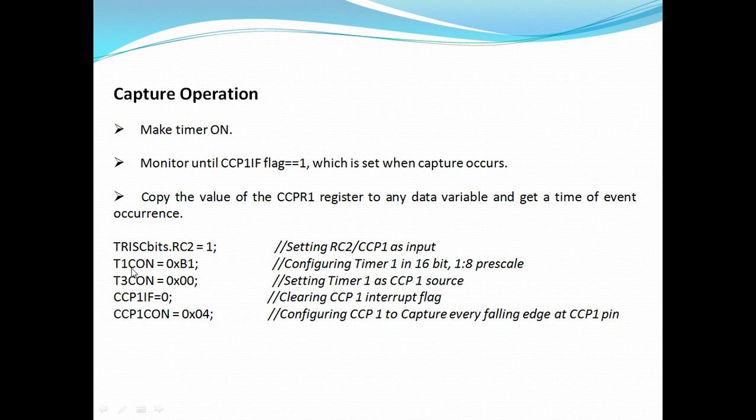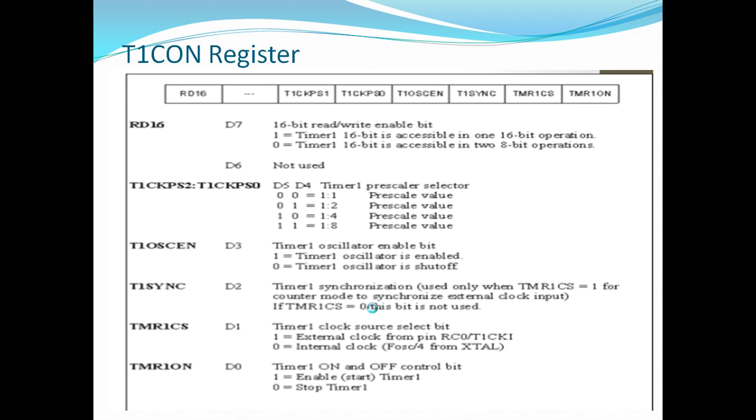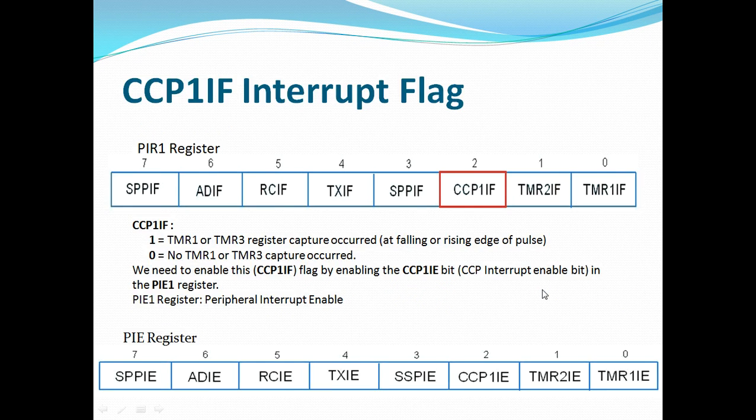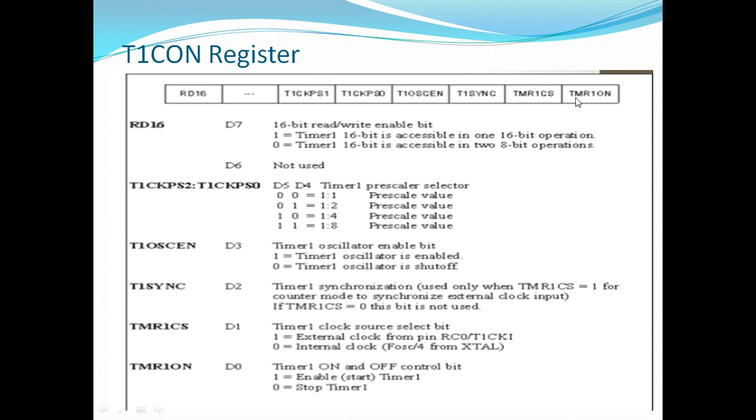Here you can see TRISC bit 2 is set as a capture mode input. We will receive the input signal. The Timer 1 control register is written with the value B1, which configures this particular timer in 16-bit mode with 1:8 prescaling option, and directly Timer 1 is turned on.